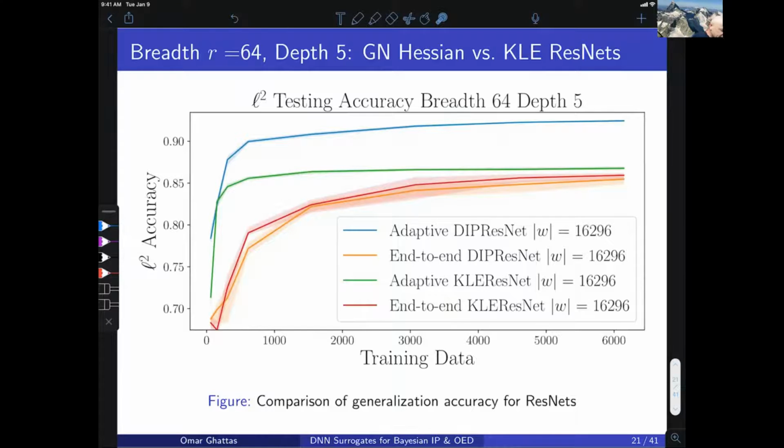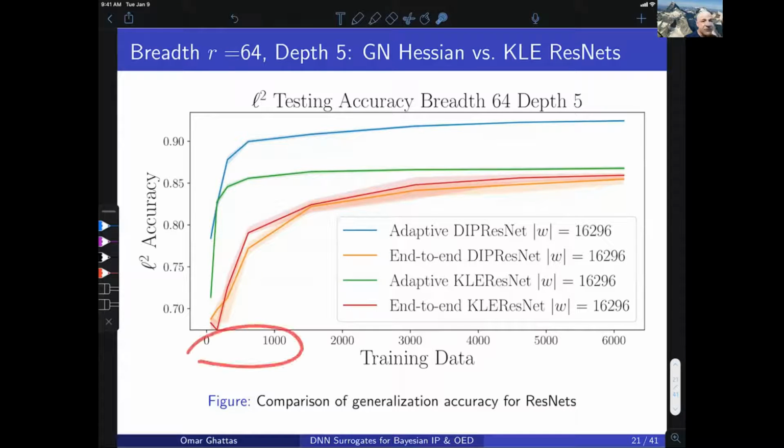And what we see with this adaptive projected ResNet, it has a small number of weights because of this double reduction, the linear subspace reduction, and then the ResNet has its own low rank reduction. And so you achieve high accuracy pretty quickly, with relatively small number of training data. I mean, this problem, if you want to do the Bayesian inverse problem, you're going to do 100,000 or 10 to the 6th or a million samples to get an accurate posterior.